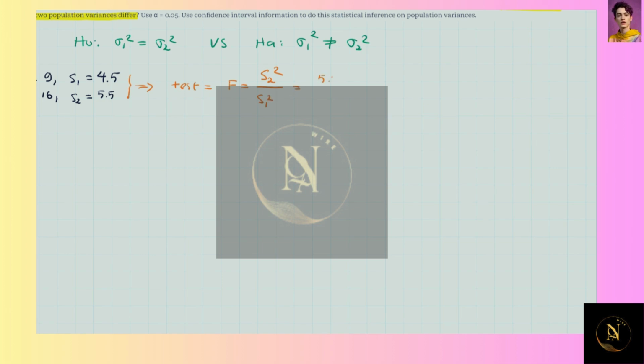Then we get 5.5 square divided by 4.5 square. If we compute this, we get 1.494.